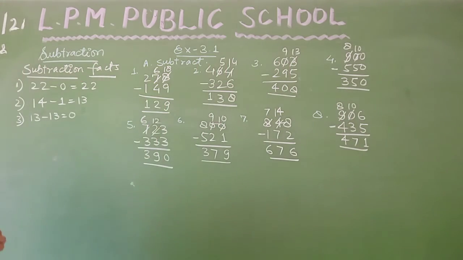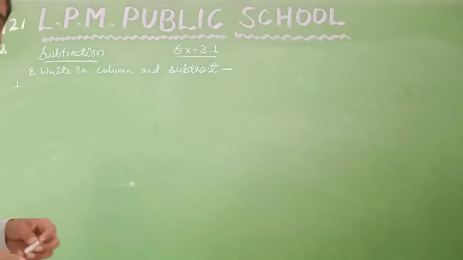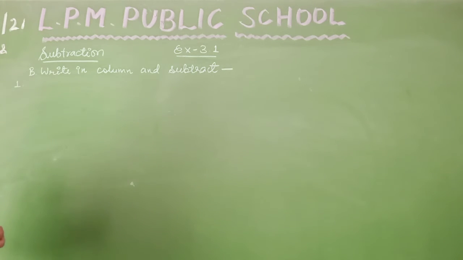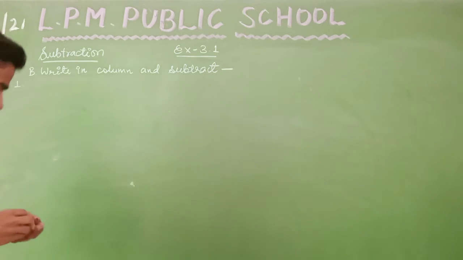Now the next question is related to subtraction. The questions are: write in columns and subtract. You have to write in columns, and after that you have to subtract them.